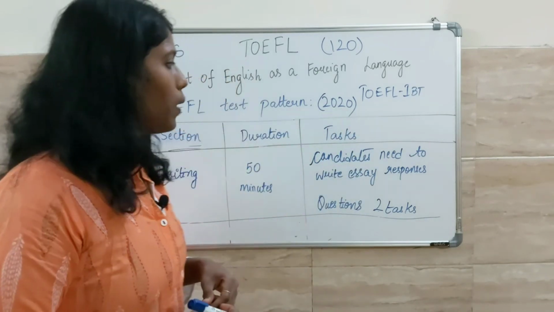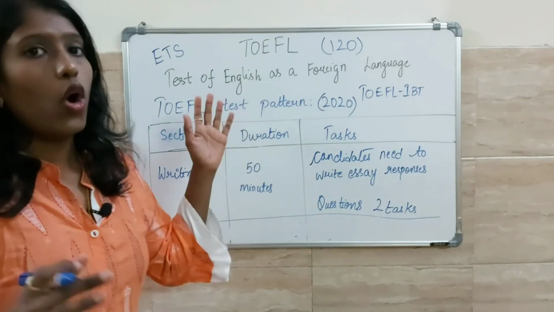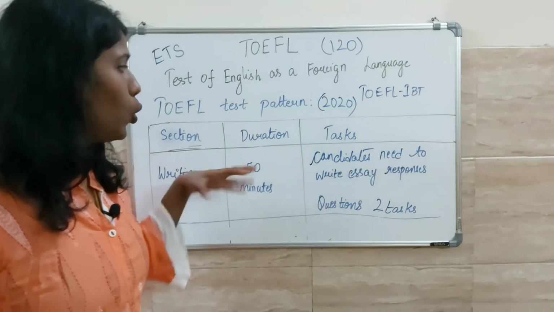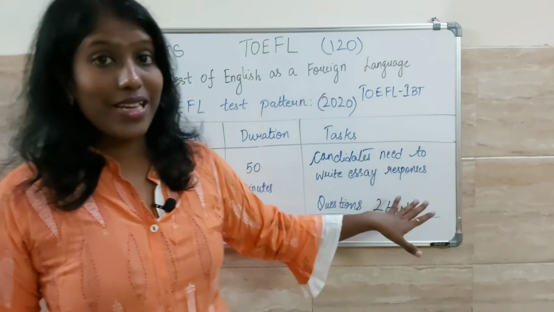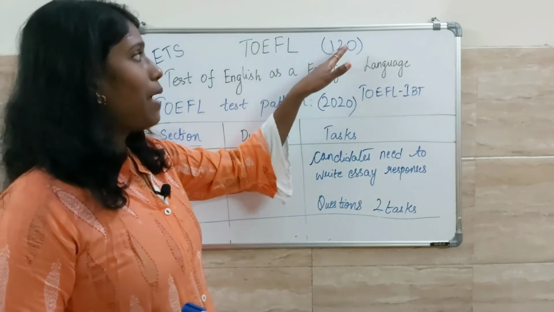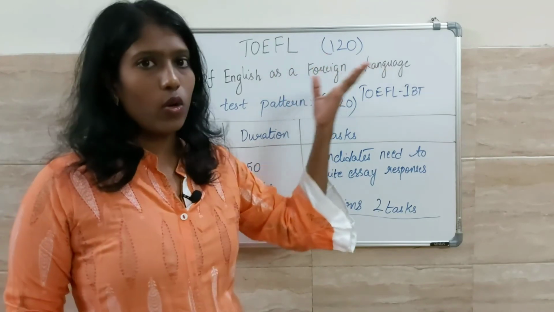Okay, so this is all about the TOEFL test pattern, and I have covered almost all the 4 sections in the test pattern, and also given you the duration and the tasks that you need to do in your TOEFL exam. This exam will be given a score out of 120.